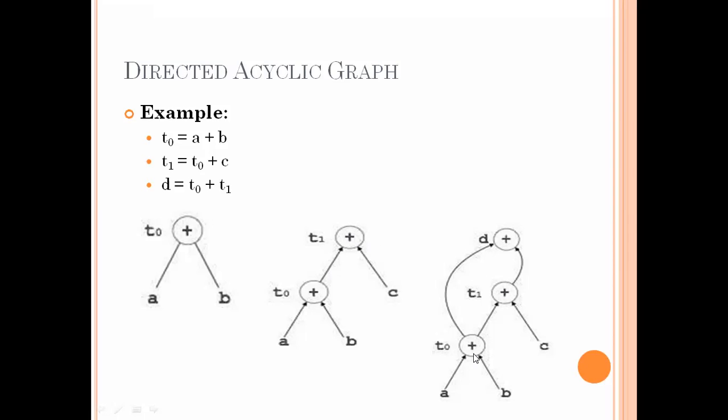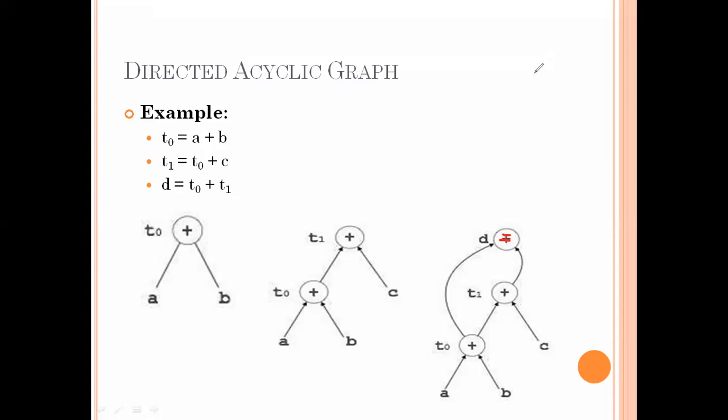Here it is not a plus, the diagram is a mistake. Please remember, here it is equal. Equal to is also an assignment operator. Such that the DAG representation is done.